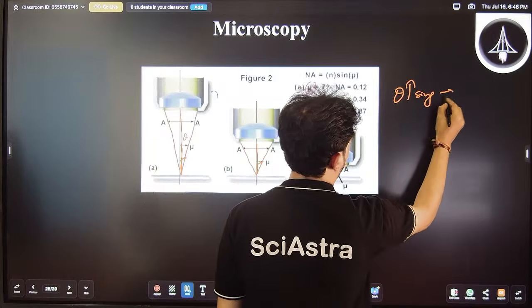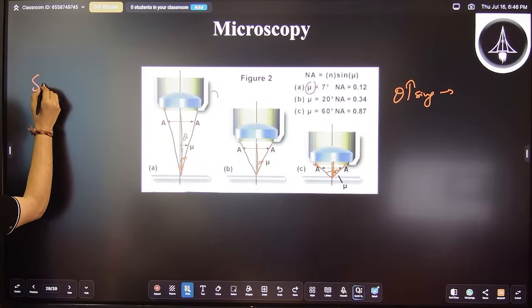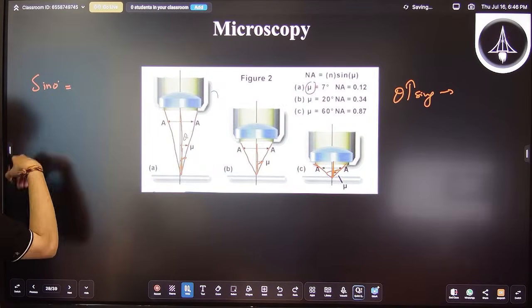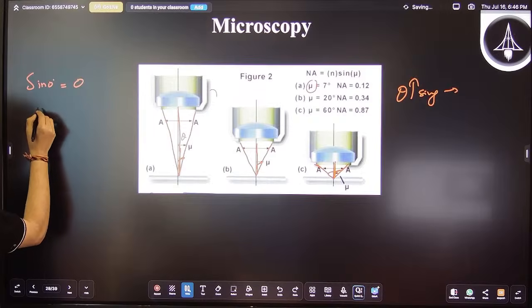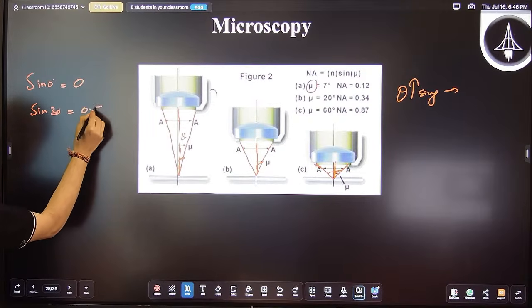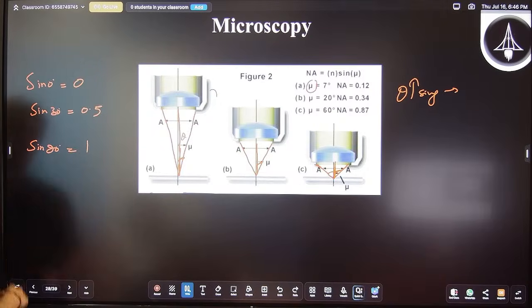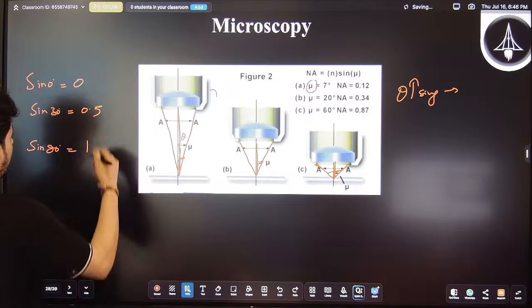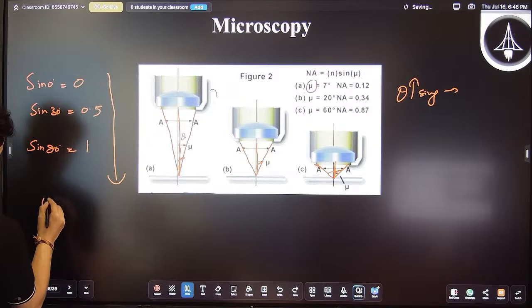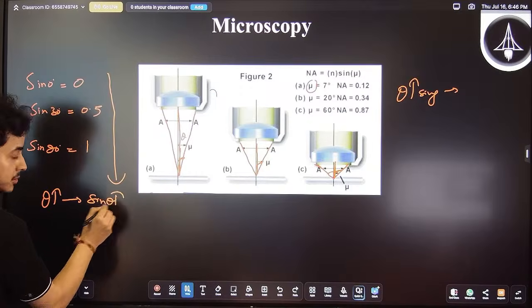Now if you know one thing, that sine 0 is 0, sine 30 is 0.5, sine 90 is 1, correct? So as you increase theta, the sine theta value increases. Everyone agrees on this point.